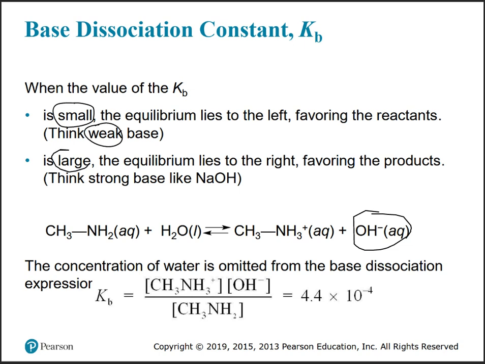If it's large, then it's going to be a strong base. A strong base that a lot of people are familiar with is sodium hydroxide. So if you can associate sodium hydroxide with a large Kb, which is the base dissociation constant, then you'll be able to remember the other.